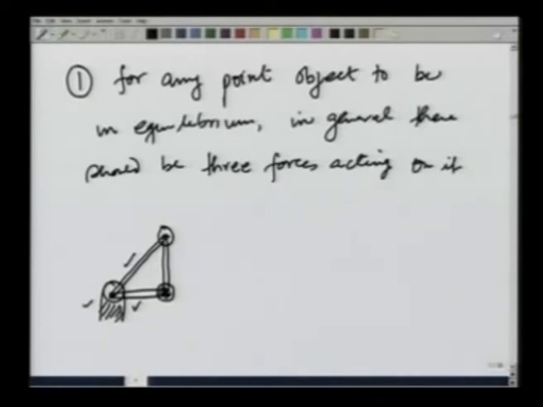I could do that by providing one more rod here, which provides 3 forces to this point, and then make one rod here, so that this point is also under 3 forces, and make a joint here. However, the moment I do that, this joint is only under 2 forces.